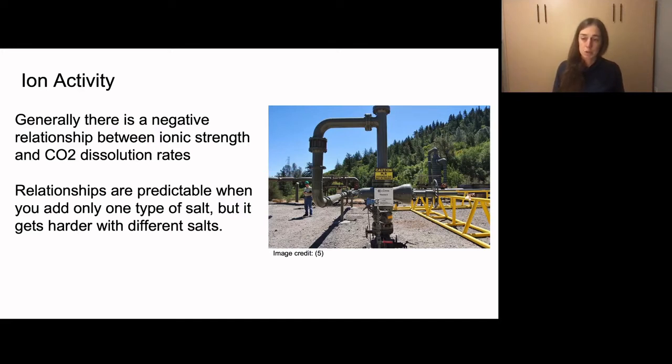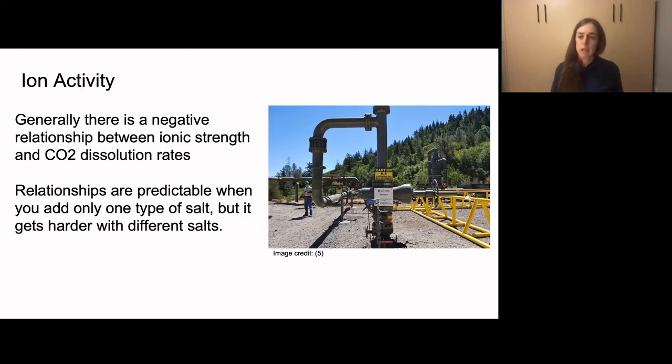These relationships are a little bit more predictable when you only have one type of salt, for example, just sodium chloride, but we know that is generally not true in nature.